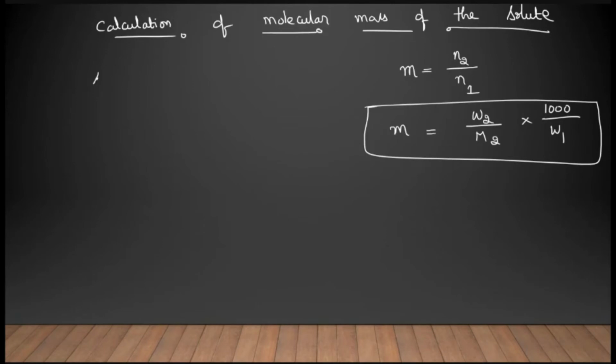So we are going to substitute the value of m into the equation delta TB is equal to KB into m.